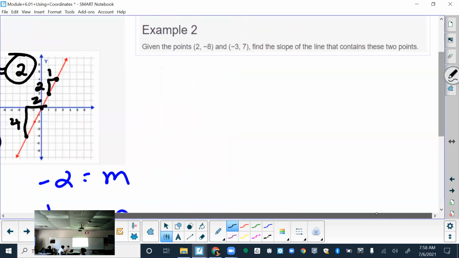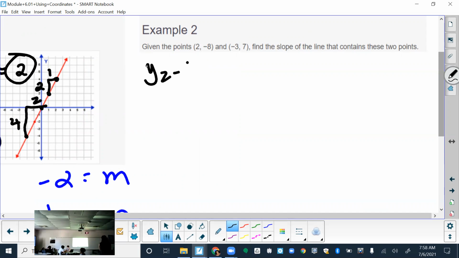So for example 2, it gives me 2 separate coordinates, right? Because it didn't give me a graph, I could maybe choose to graph it and then count the rise over run, or you can just use this formula. And since you get to use your notes, you don't really have to memorize this formula. You just have to know how to use it.